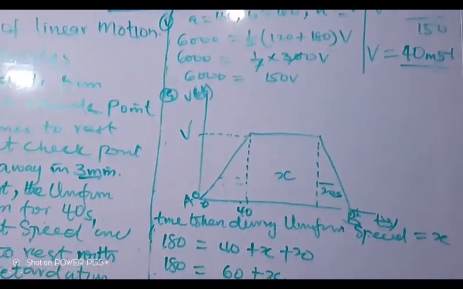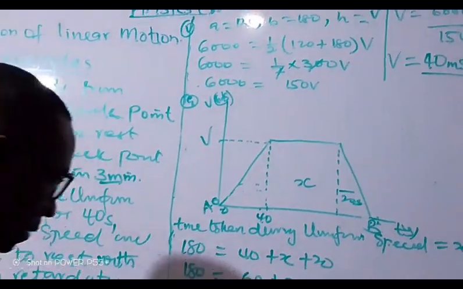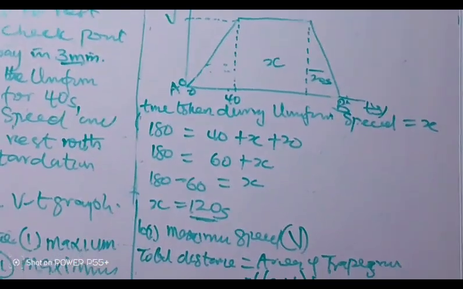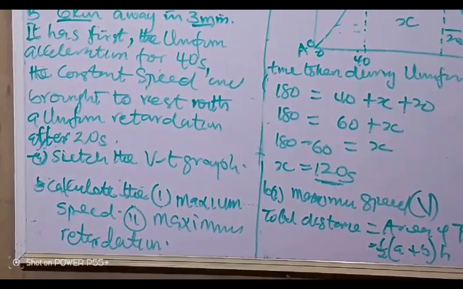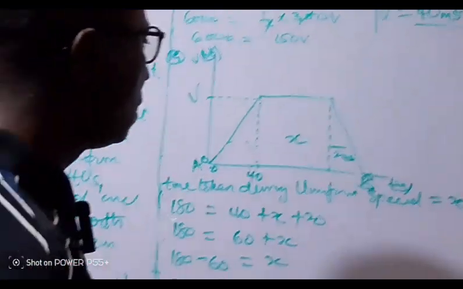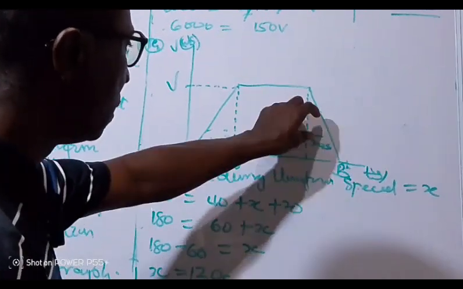Since we have said v is maximum speed, our maximum speed will be equal to v. Now, the next question says maximum retardation. Let's look at the region for retardation, this place, from here to here.